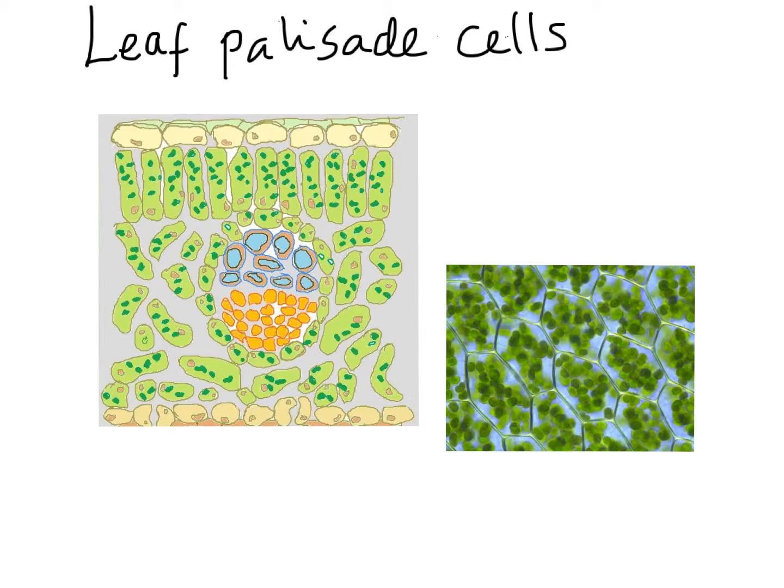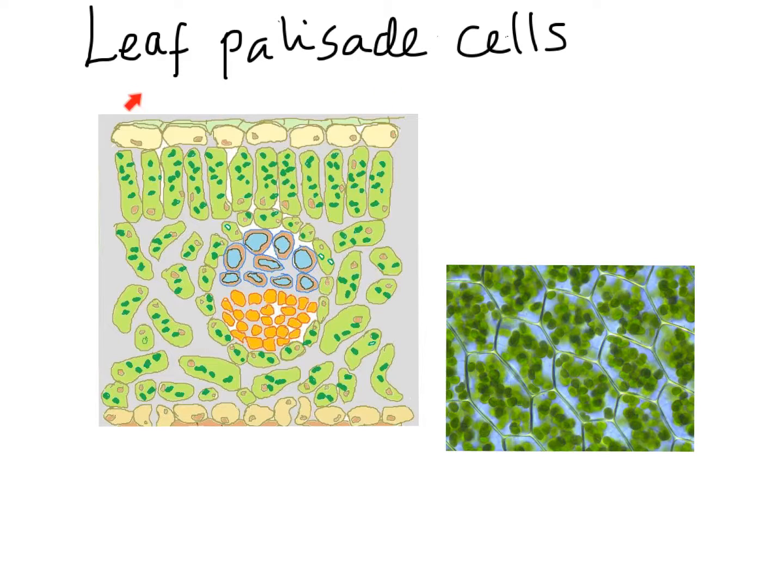When you cut through a leaf and put it under a powerful microscope with stains added, this is how it looks. Although these colors are false colors, they don't appear in these colors. This is just for the diagram and to study this. So if you look at the top layer of the leaf, they are called the leaf palisade cells, and they have a special adaptation.